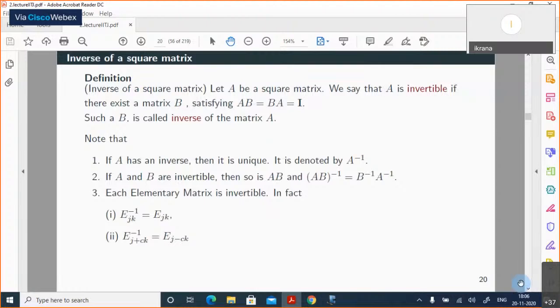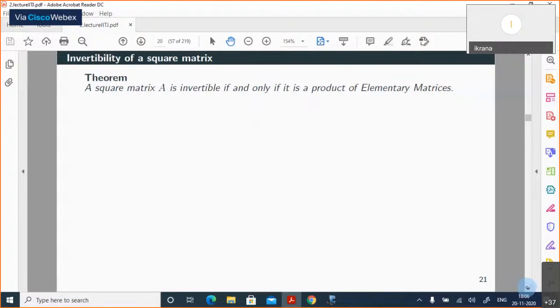For example, E_JK, its inverse is itself, interchange again. Similarly for the other operations: multiplying and adding, inverse is multiplying and subtracting; multiplying by alpha, inverse is multiplying by 1 over alpha. So these are the inverses. One can check that.